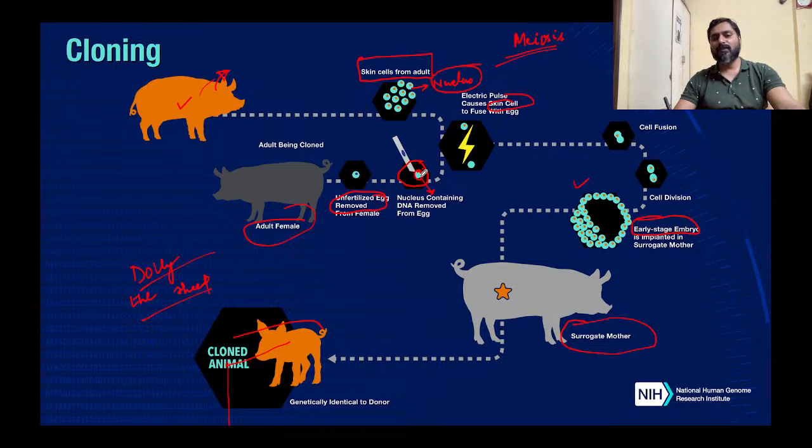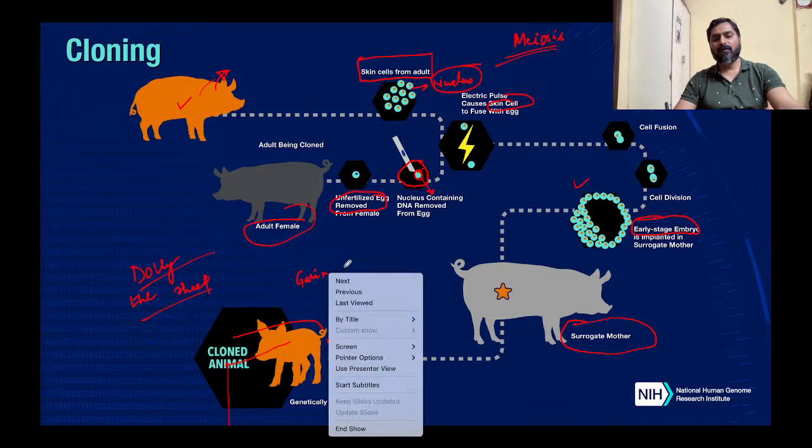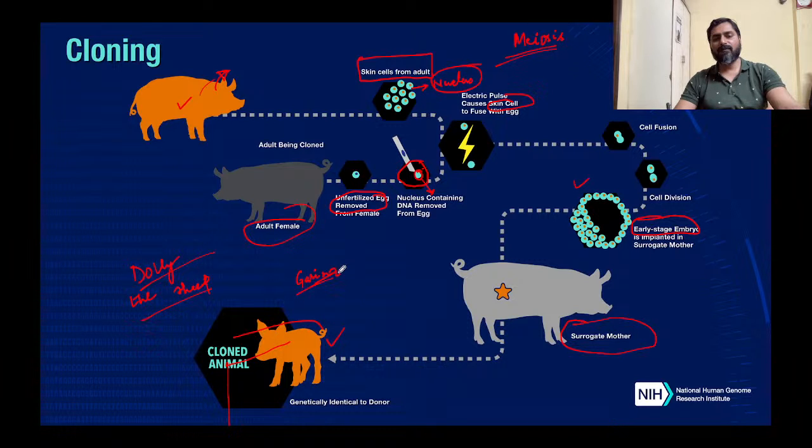We have removed the nucleus from this egg, fused the new nucleus, and got the embryo, and we have transplanted the embryo into the surrogate mother, and after the gestation period, this cloned animal is formed. In India, the first live cloned animal was Garima, the sheep.